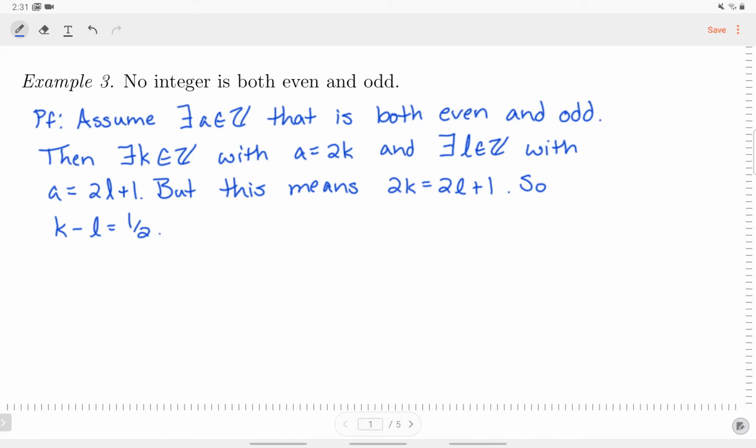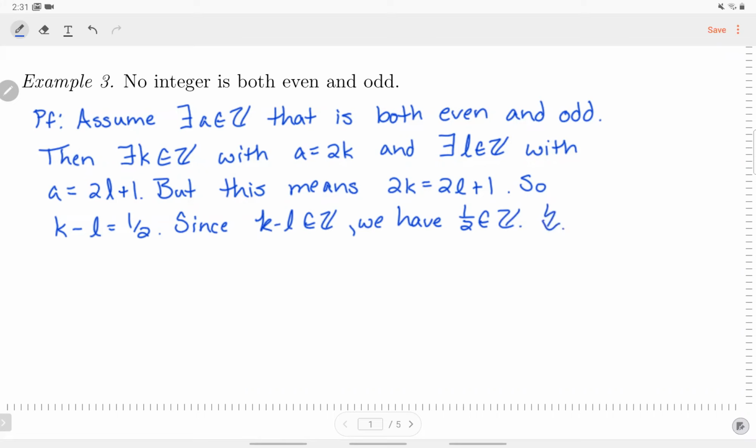Everybody agree with that? The algebra comes out k minus L equals 1/2. Why is that a problem? k minus L is an integer. 1/2 is not an integer. So since k minus L is an integer, we have 1/2, an element of the integers. That's definitely a contradiction. That is not possible.